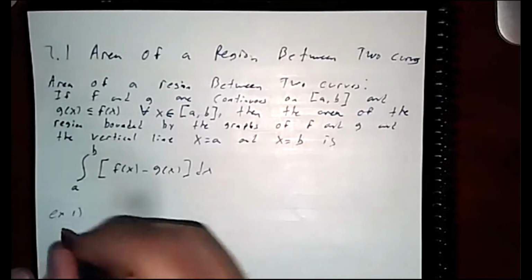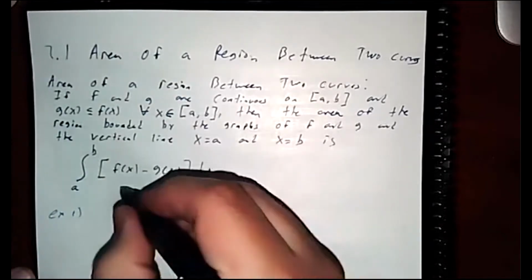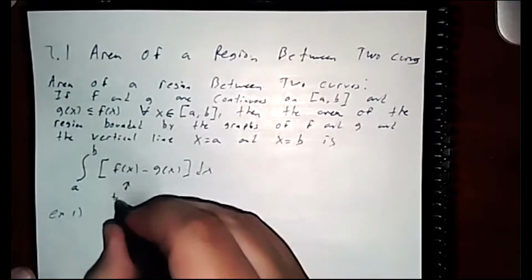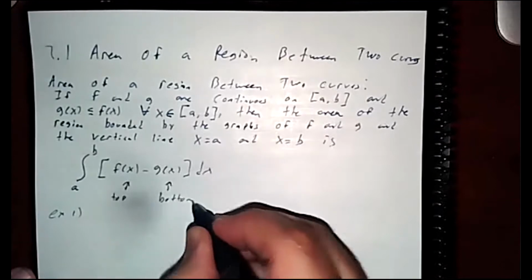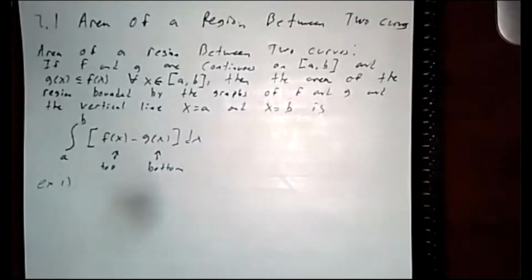So example 1. Make a little note here: top, bottom. And when I say top and bottom, I'm talking about the region that is enclosed by all these graphs or functions.